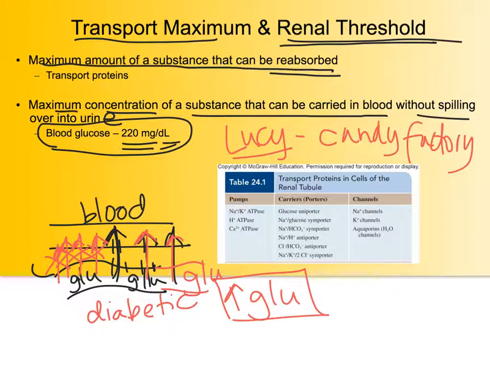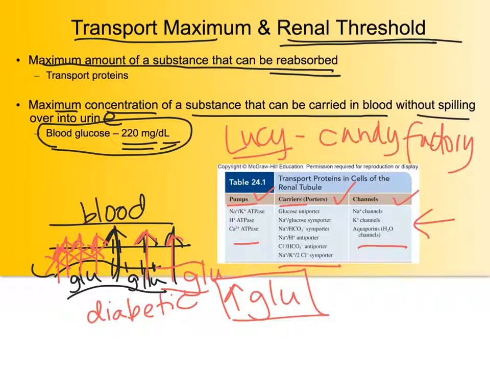Now, in the PCT, this table describes all the ways that things are actually moved from the filtrate into the blood, or from the blood into the filtrate. We've got pumps, carriers, and channels.